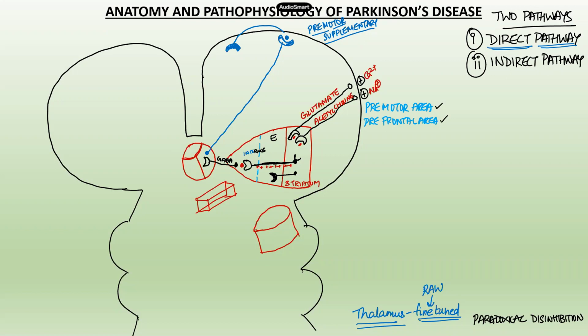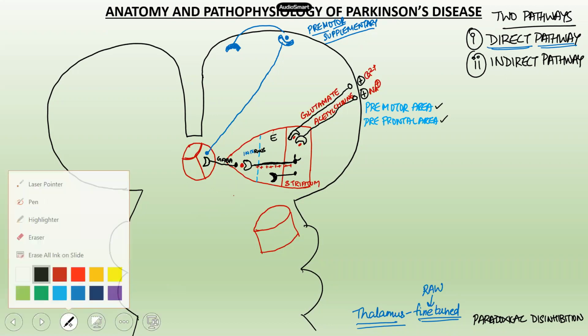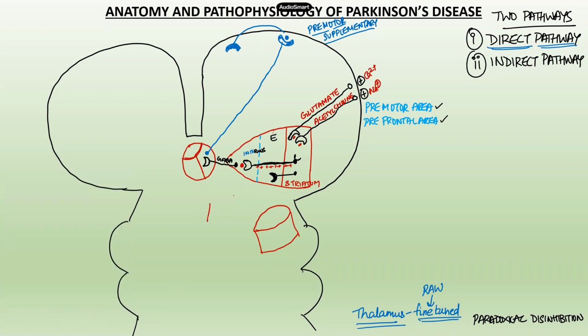Now, this GABAergic neuron that is present in the globus pallidus externus will send another GABAergic neuron into the subthalamus. So let me draw the subthalamus again for you.